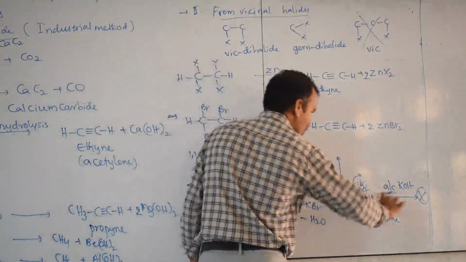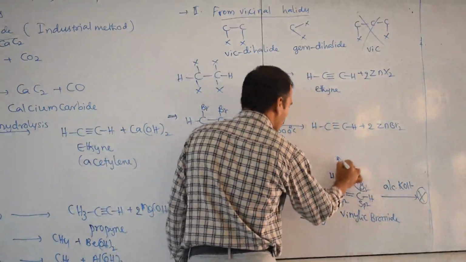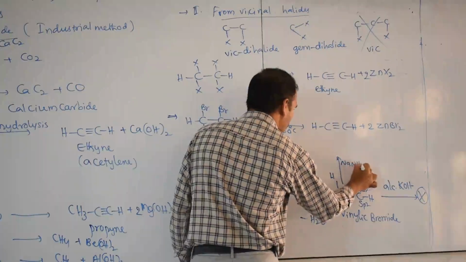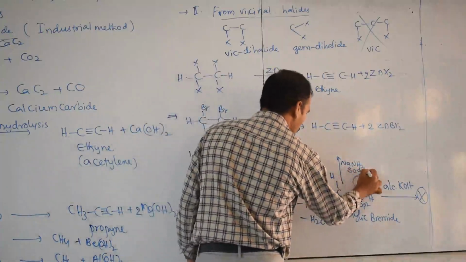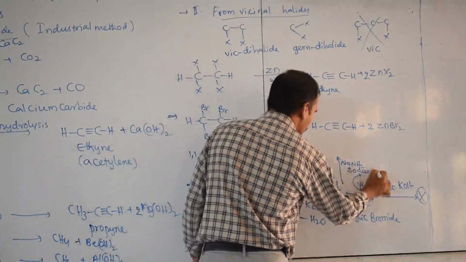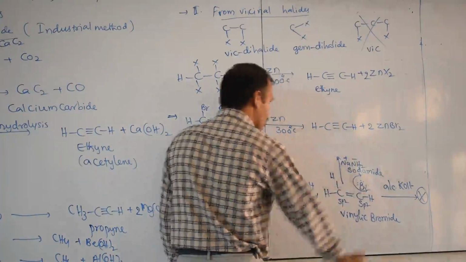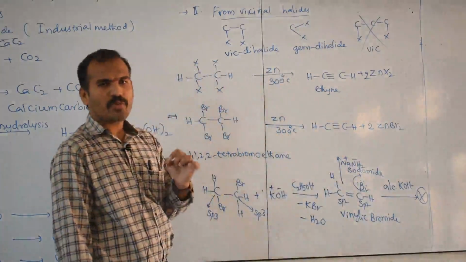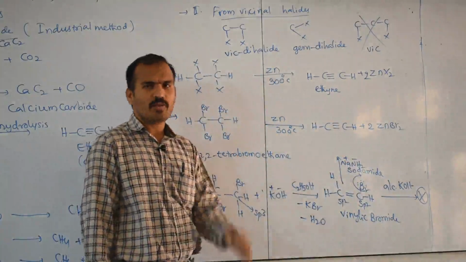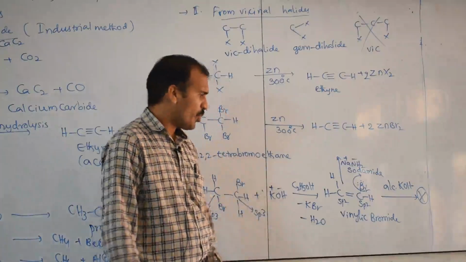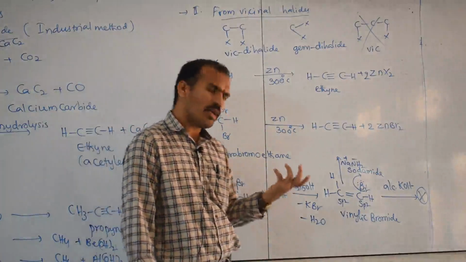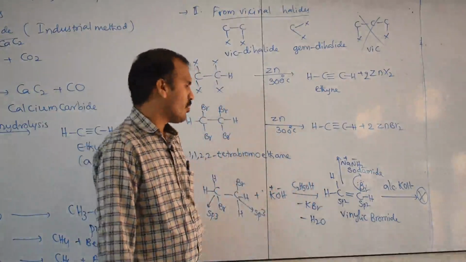For example, with this there is no reaction, so now I am using NaNH2, its name is sodamide. Na plus NH2 minus. NH2 minus is a very strong base. It can remove any proton which is bonded to a double bonded or triple bonded carbon. So that time it is possible.